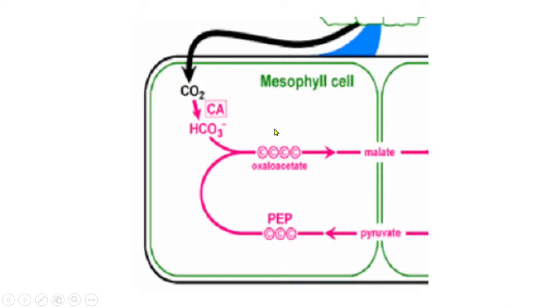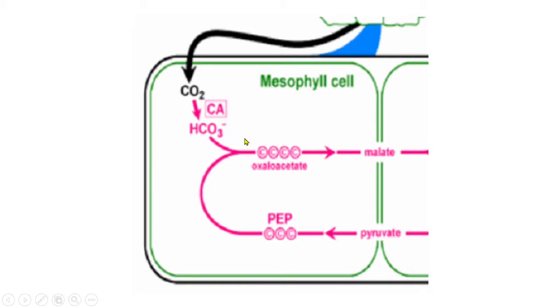As you can see here, the PEP, which is phosphoenolpyruvate, a 3-carbon molecule, will now react with carbon dioxide. The carbon is added to it, and it now becomes a 4-carbon molecule. So this is how the C4 adapted itself to high temperature in order to reduce photorespiration.